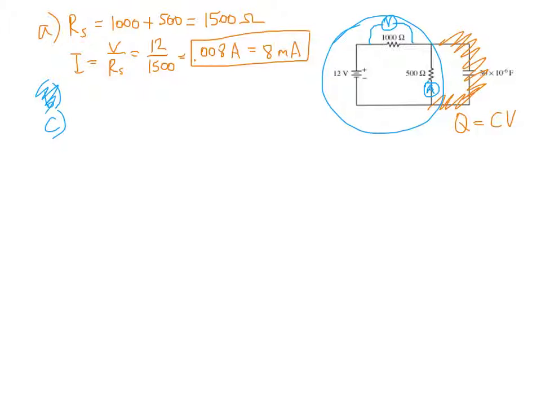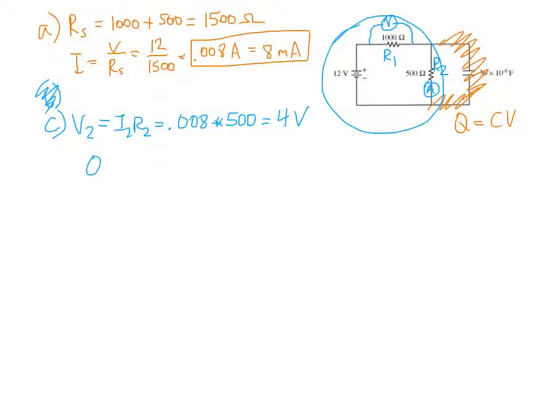So the voltage across that resistor is V2. I'm calling this resistor R2, and the 1000 ohm resistor will be R1. So V2 is equal to I2 times R2. The current through that resistor is the same as the current throughout the circuit, 0.008 amps, multiplied by 500, which gives you 4 volts.